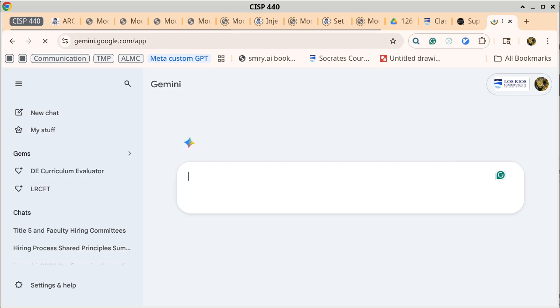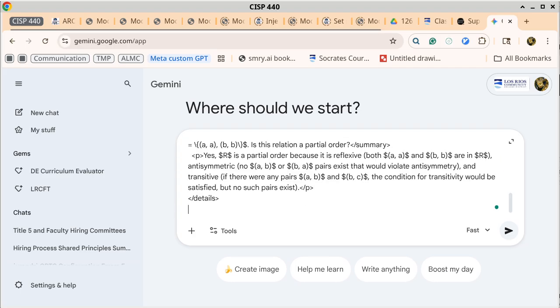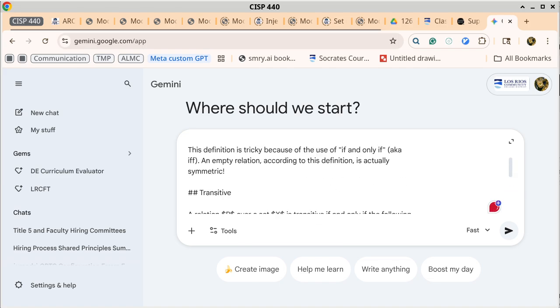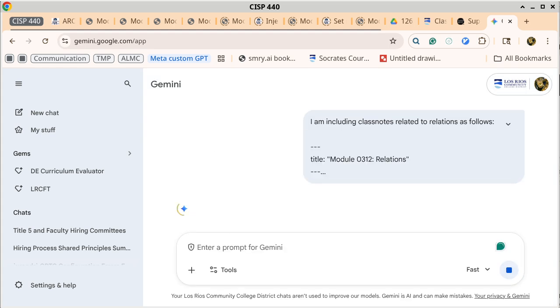We ask it like this: I am including class notes related to relations as follows. All I did here was paste from the paste buffer. I forgot to say something, but this is okay. I can just click play.